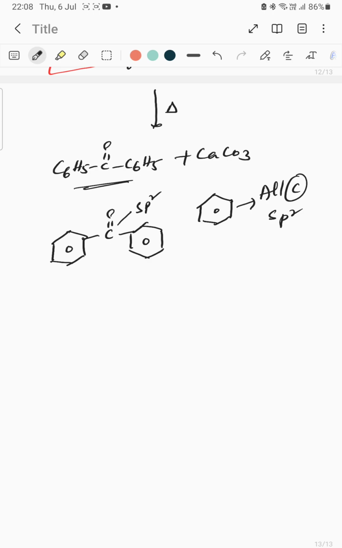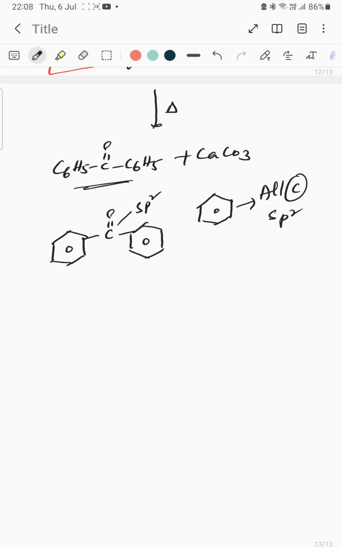So in the first ring, 6 carbons, and the second one also 6 carbons.